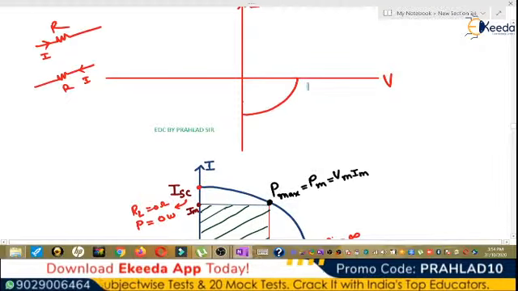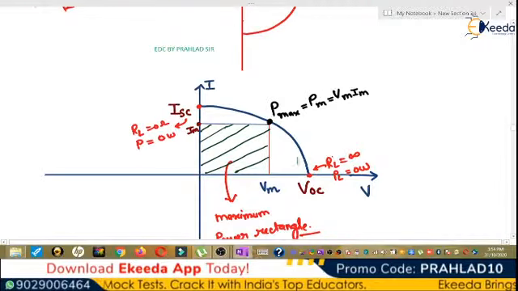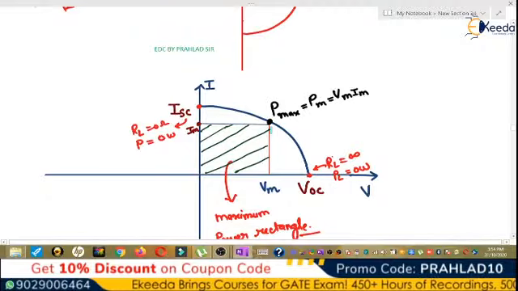This is the characteristic of the solar cell, and in the first quadrant this graph is plotted like this, and here is the value Vm and Im, and the product of Vm and Im is the maximum power, and this is called the maximum power rectangle.